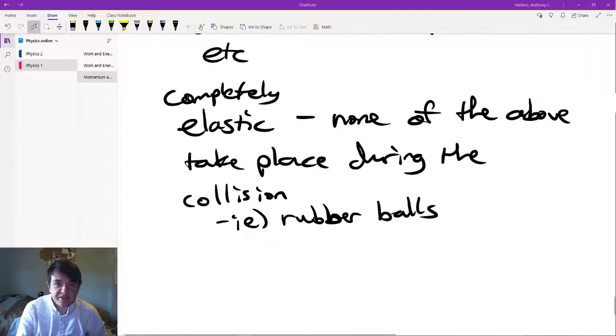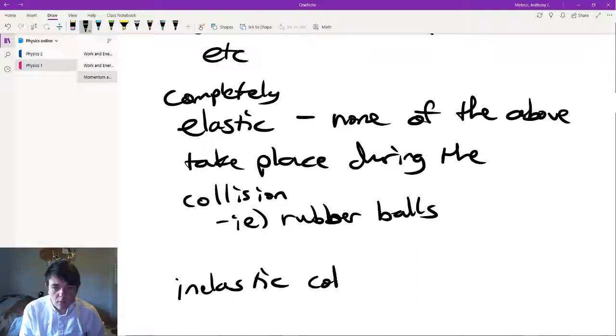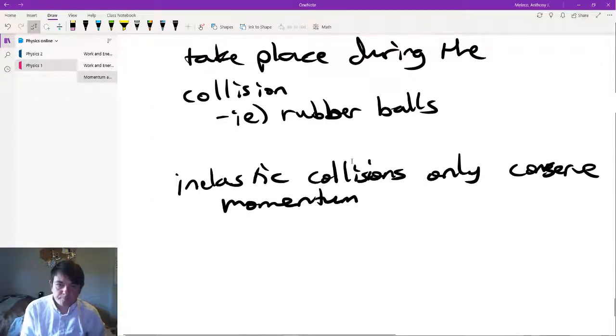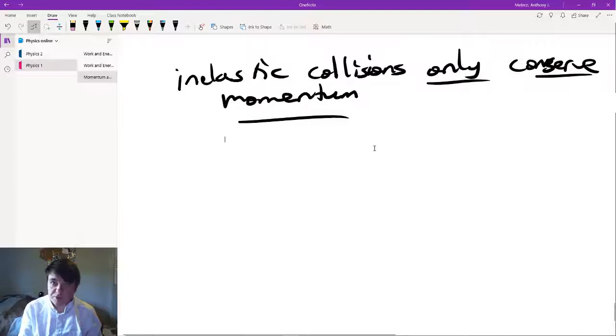A couple things I should say. Inelastic collisions only conserve momentum, okay? So you can still conserve momentum there, but you can't conserve, we'll talk about it, energy in terms of kinetic energy, okay?